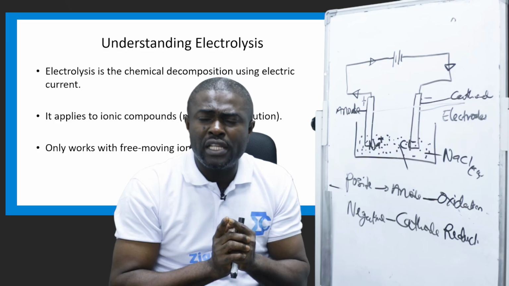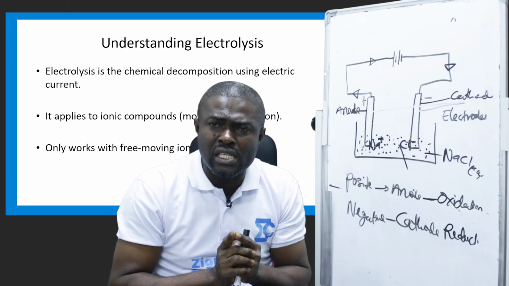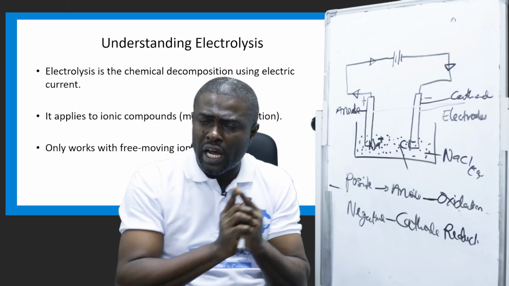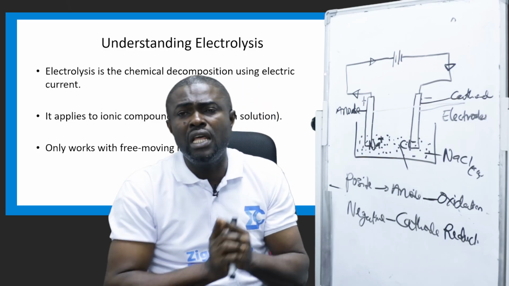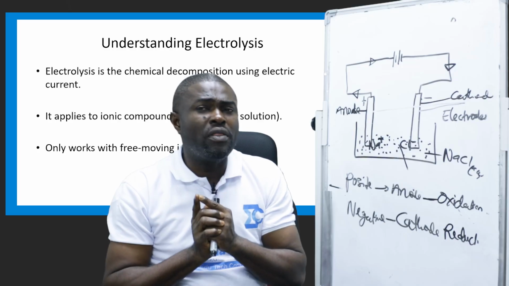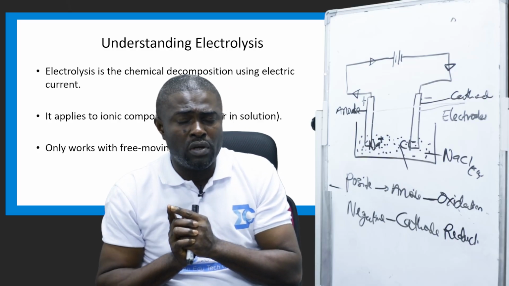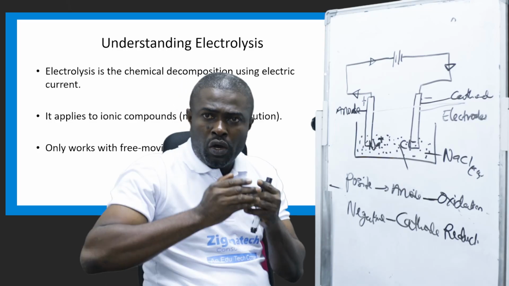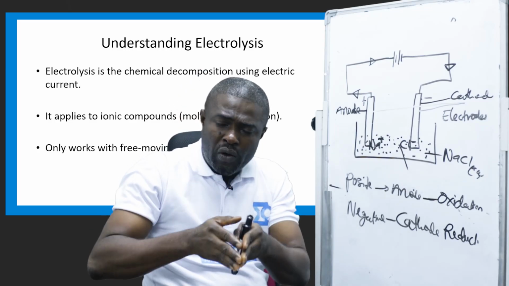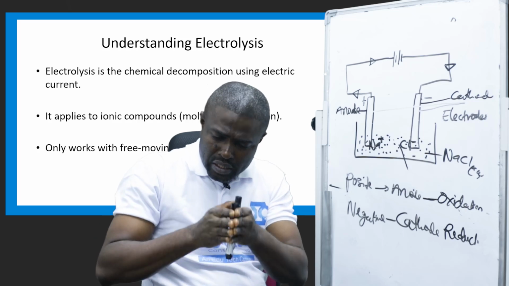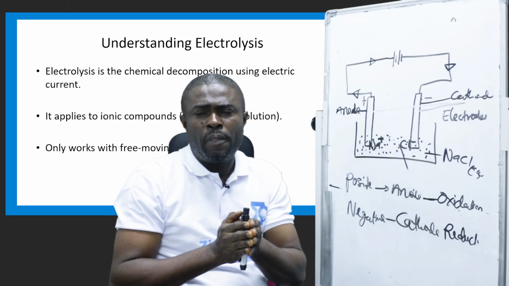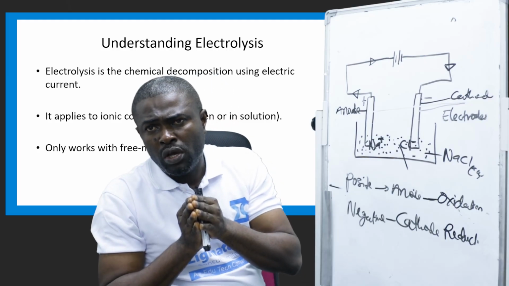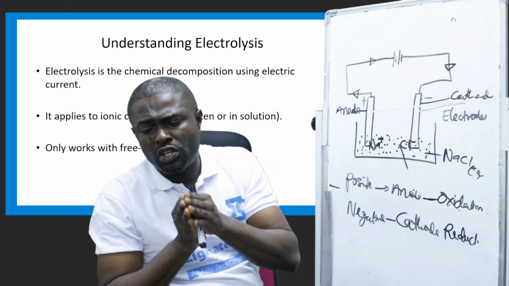And this current enters the cell through one of the electrodes called the anode, positive, and then leaves the cell through another electrode called the cathode. We want to look at how this process takes place. That will take us to this section of the topic called electrolysis.